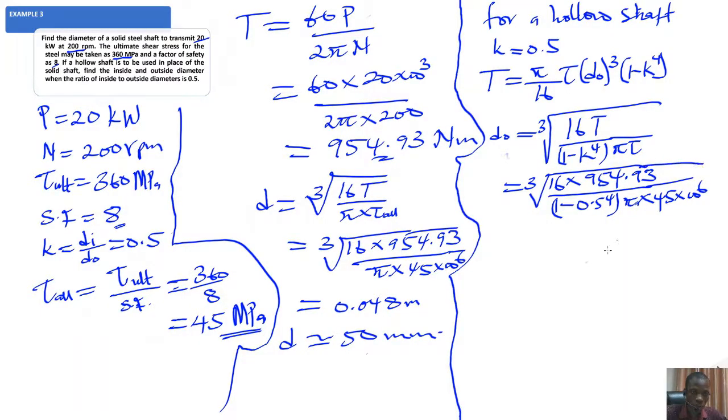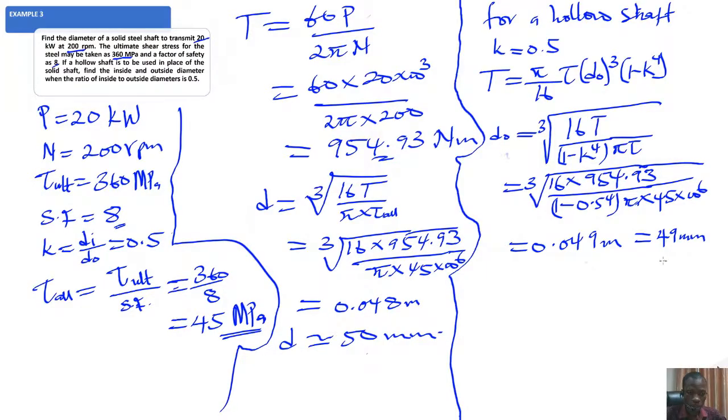All right, so if we compute this, we are going to get D naught to be equal to 0.049 meters, which is equal to 49 millimeters.